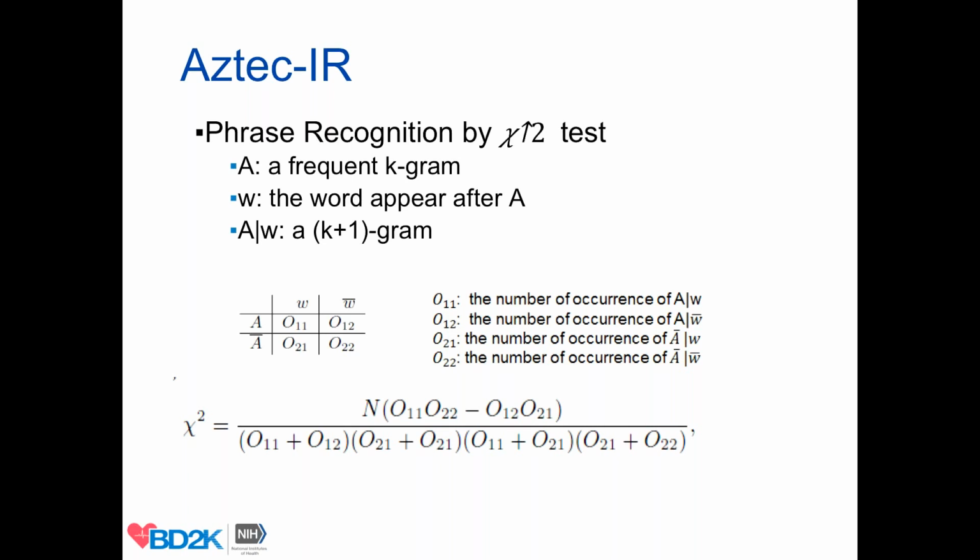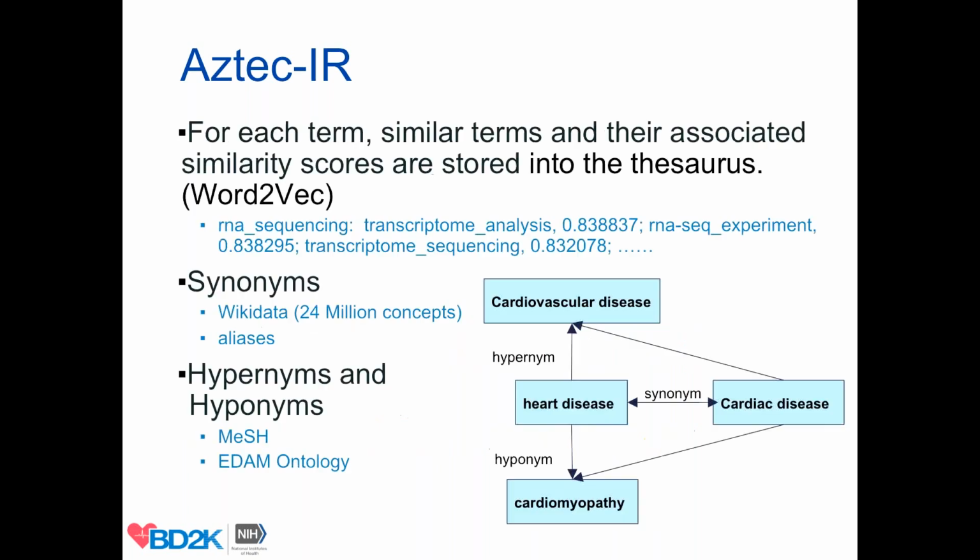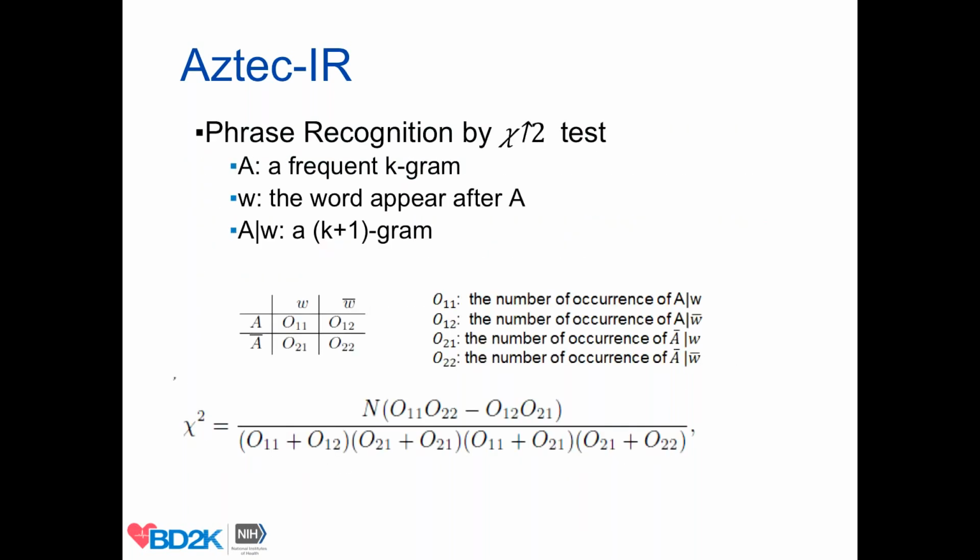We detect 4 types of co-occurrence frequencies, O11 to O22, and calculate the chi-square value for all possible phrases as in the following formula. Then, if the support of the K plus 1 gram and the chi-square value are larger than thresholds, we consider it a reasonable phrase.